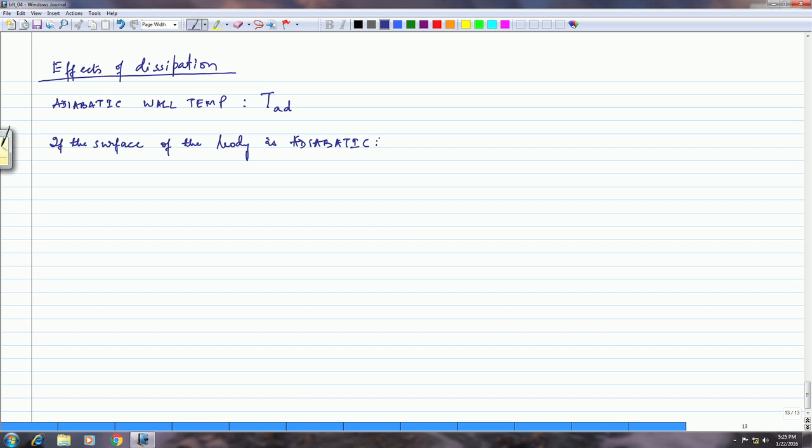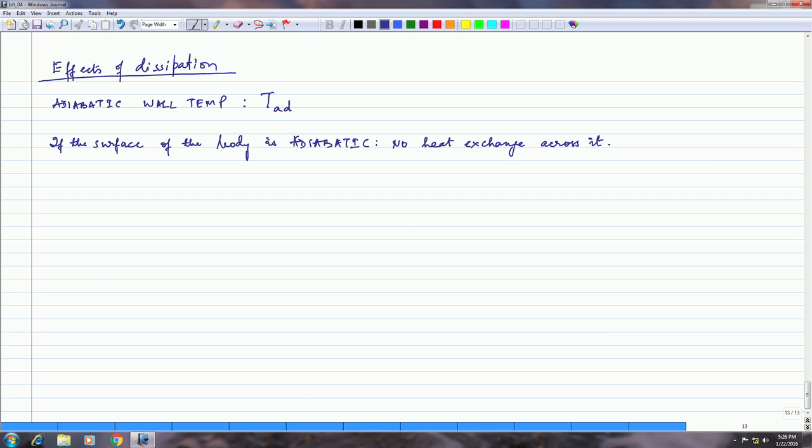There is no heat exchange across it. That's what you mean by adiabatic.